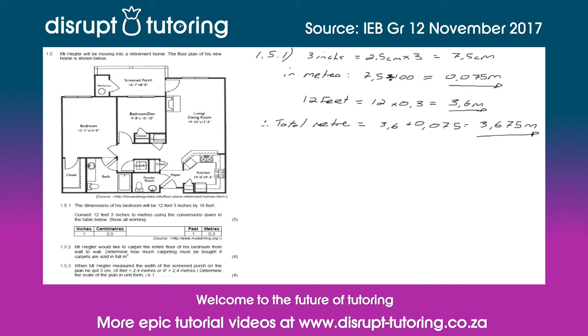So starting with 1.5.2, we know that 16 feet should equal 16 multiplied by 0.3, because that's how we convert to meters. This is going to equal 4.8 meters. And we know that area equals length times width.